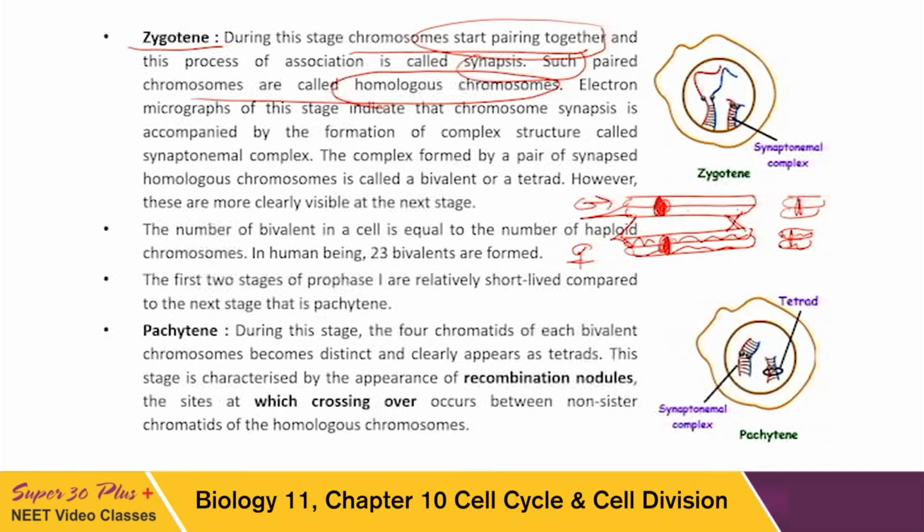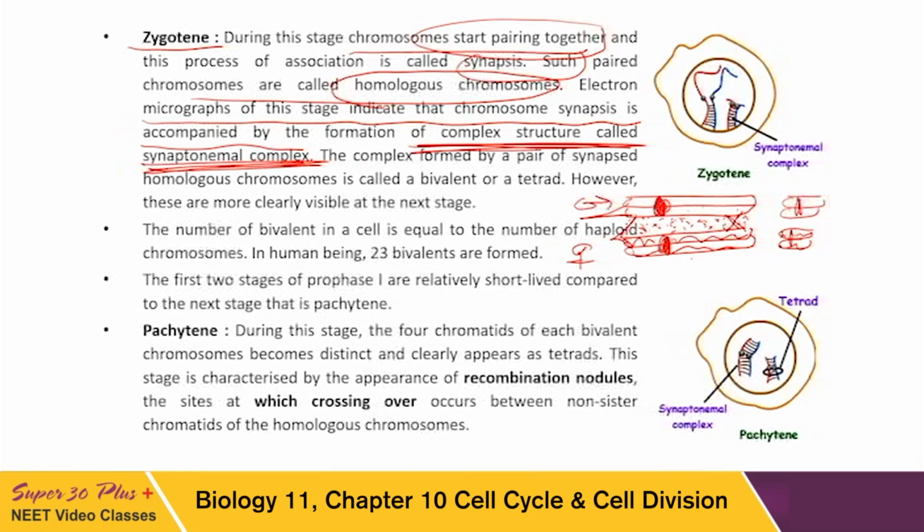But to make this process easier, in between these homologous chromosomes, electron micrographs have revealed that synapsis is accompanied by the formation of a complex, and this complex is called the synaptonemal complex. This complex will develop between these two, so that it will facilitate them remaining together until the recombination is over.